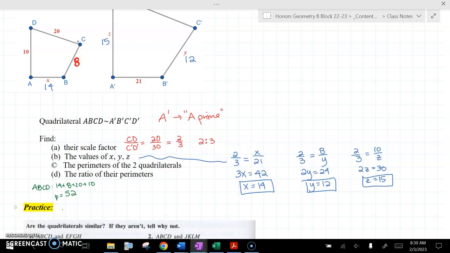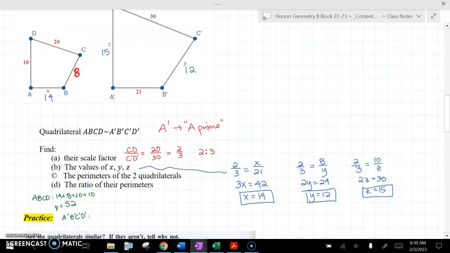When we're looking for the perimeter of A prime, B prime, C prime, and D prime, again, we're just adding all the different sides together. So we have 21 plus 12 plus 30 plus 15, and you should have found that the perimeter of that is 78.